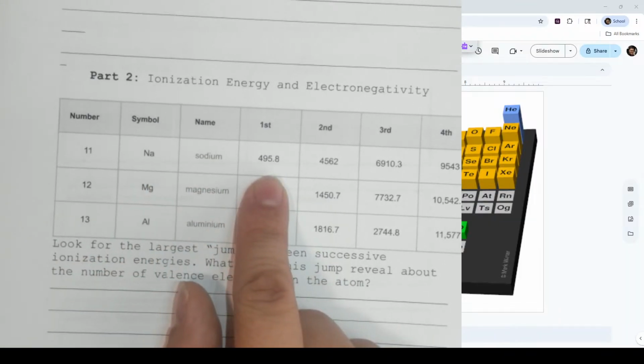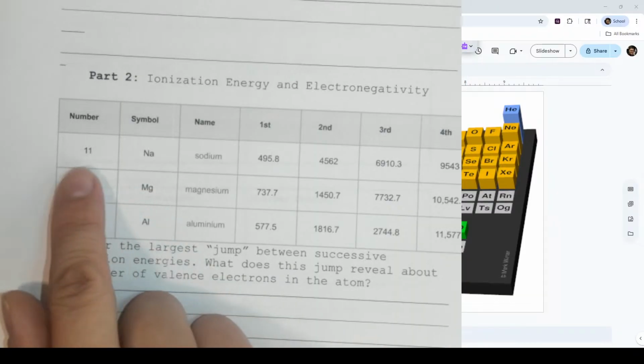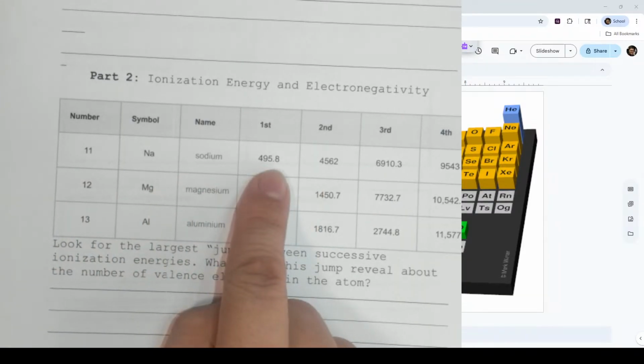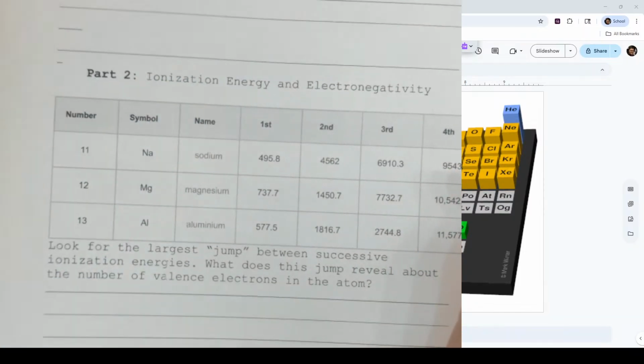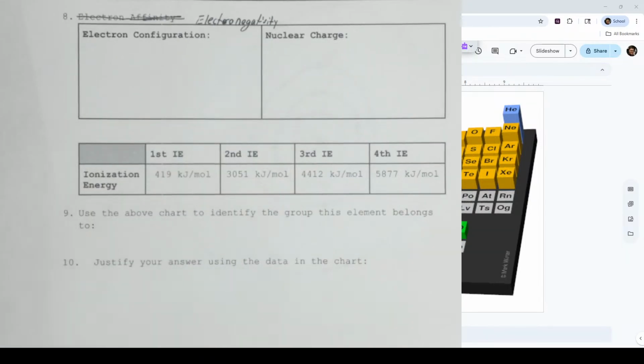Now look at the packet that we were working on in class. Sodium has an ionization energy of 495. I know I didn't include units on here. I apologize, that might have been confusing some people. I'm glad I did include units on the practice test.